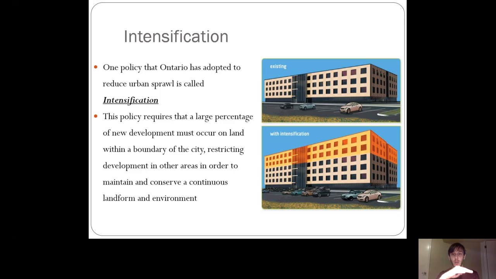So you can see in that picture, there's a building with 3 stories, and then in the next picture, because you can't build houses anywhere else, instead you'll just build apartments in another 2 floors on the top of that building. And that way you can fit more homes without having to use more land. So that's what we're talking about when we talk about intensification.